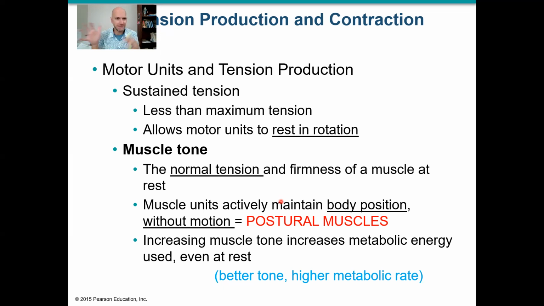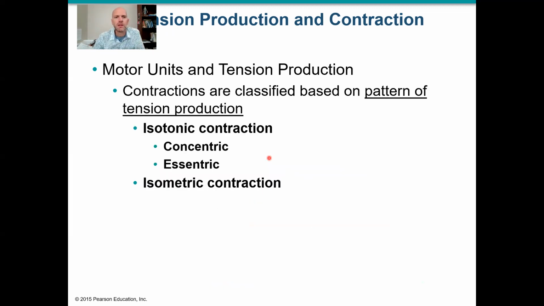And that's why athletes and people that have bigger muscles and more active muscles eat a lot of calories, because not only are they working out, but even if they were just at rest, their body would be consuming more calories because their muscles at rest are burning more than a person that has low muscle mass, because of muscle tone.